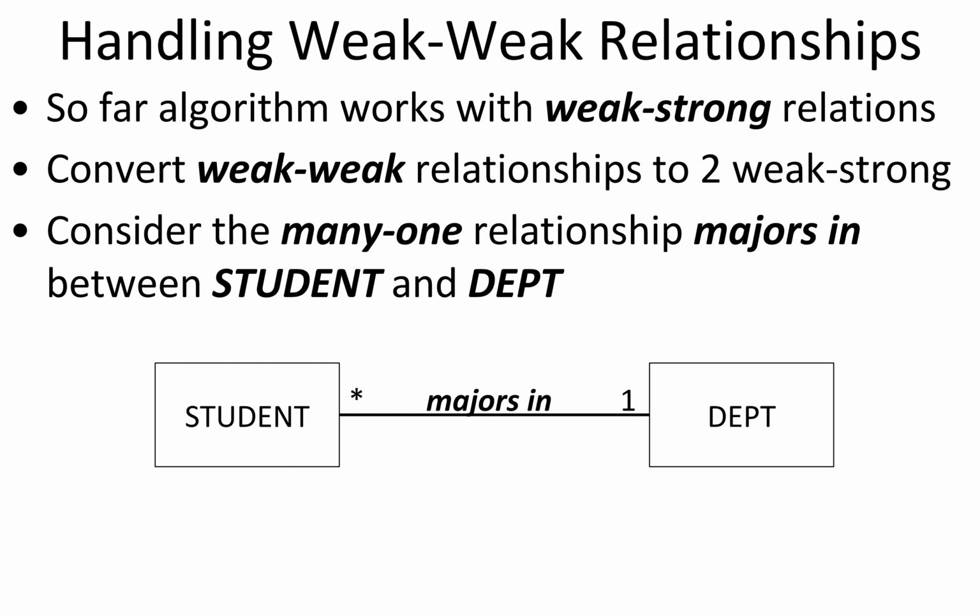Now, one of the things that our original algorithm did not deal with were many-to-many relationships, where you would have weak on both sides. For instance, let's consider a little change in the requirement from this one-to-many, where you have just one department to many students.